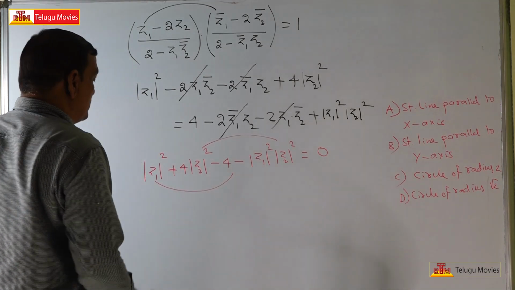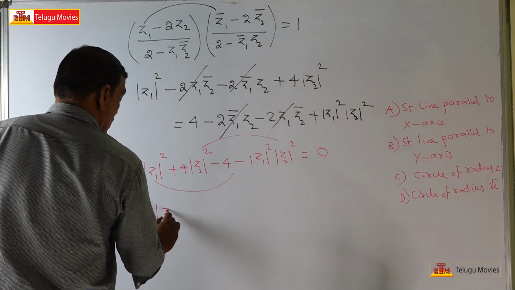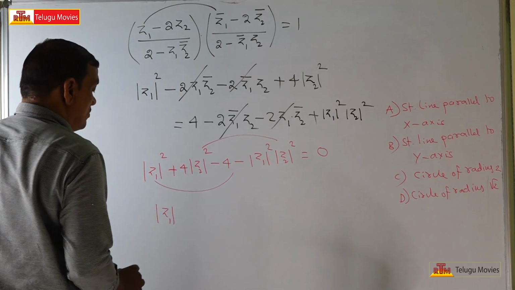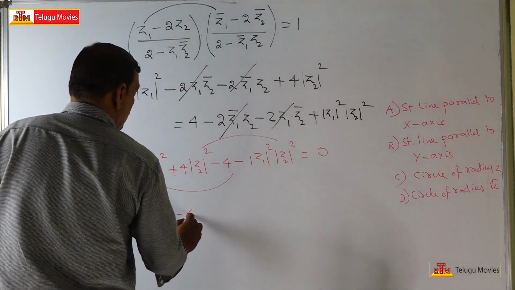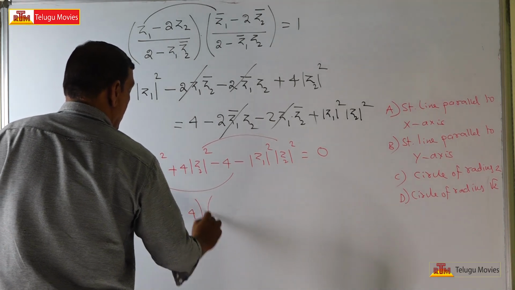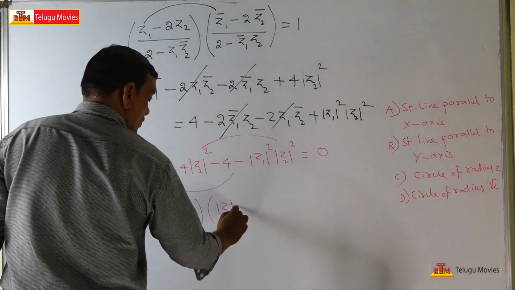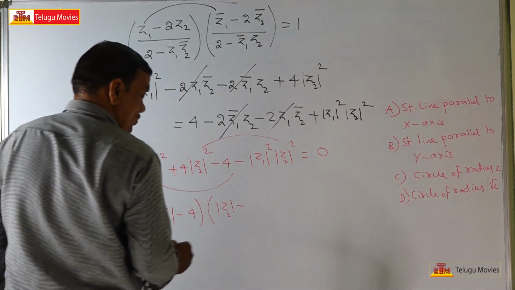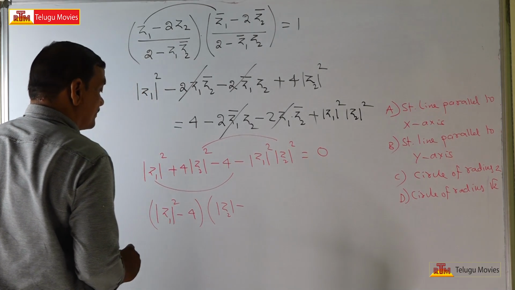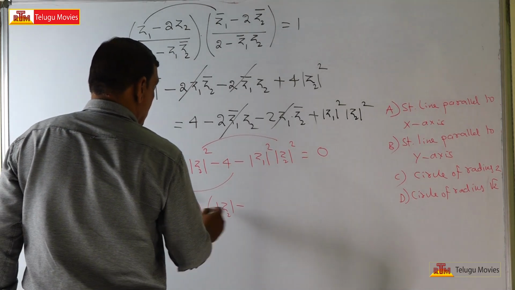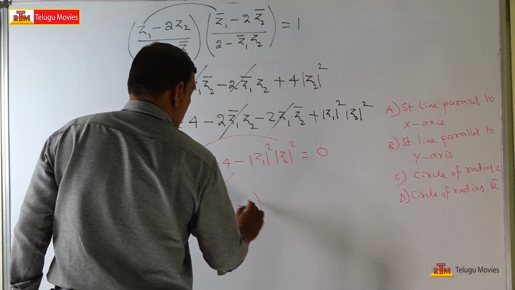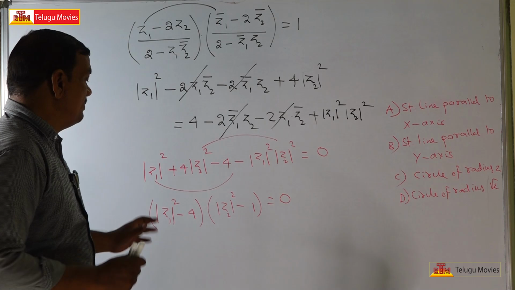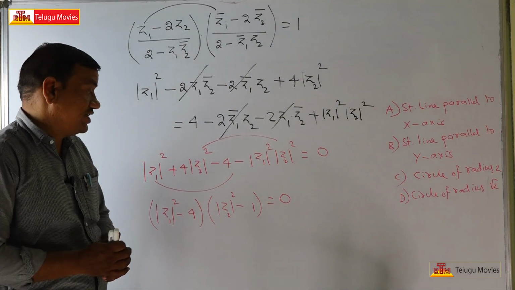The factors will be modulus of z1 whole square minus 4 times modulus of z2 whole square minus 1, that is, (|z1|² minus 4)(|z2|² minus 1) is equal to 0. If you multiply these two, you will get this factorization.